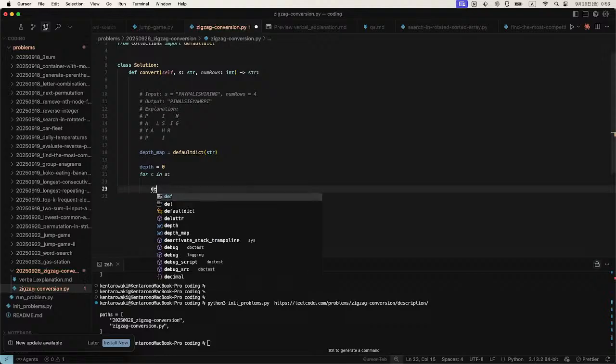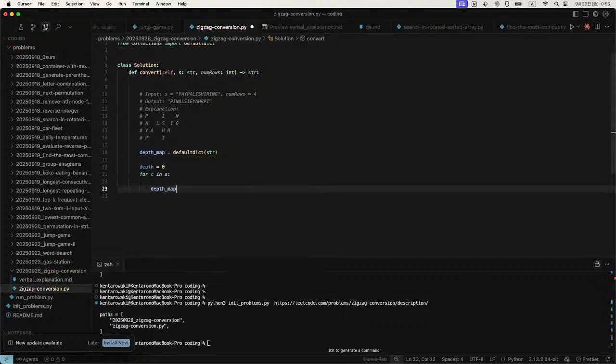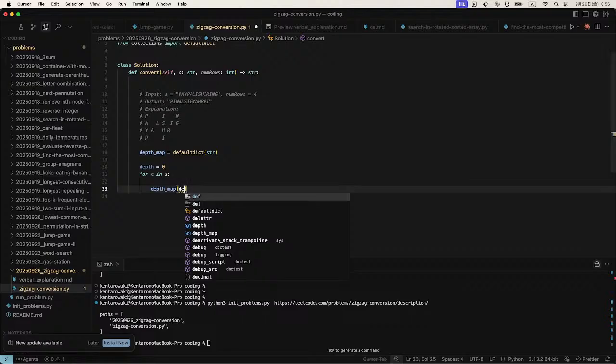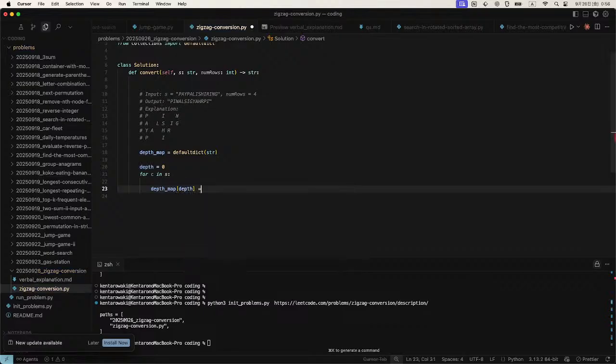And depth map, and the key is depth, and add a character. The character, and the depth is basically incremented or decremented. Yeah.